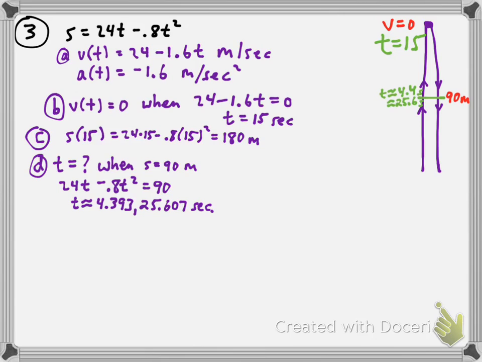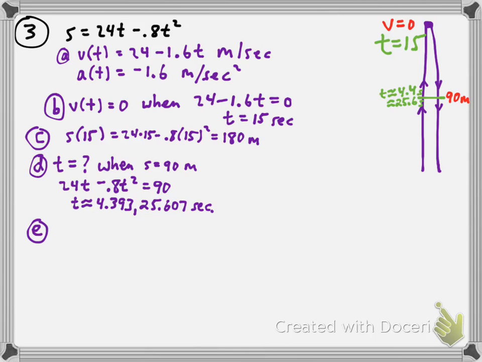Are there more parts to this one? No. So part E, how long was the rock aloft? Well, the rock was thrown vertically upward from the surface of the moon, and from the surface to the maximum height took 15 seconds, so it's going to take 15 seconds to come back down, so 30 seconds total.